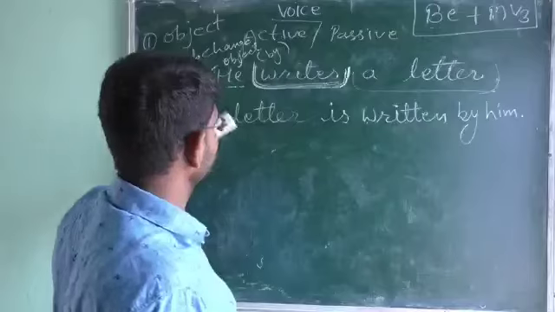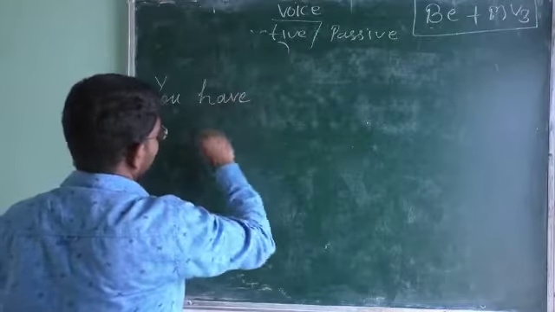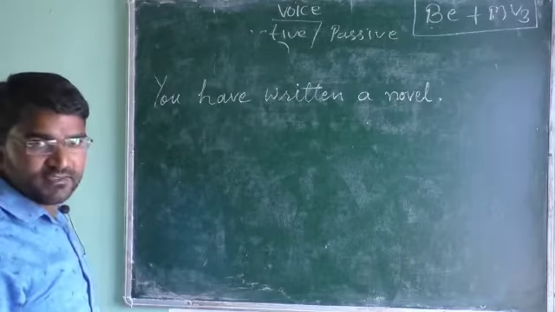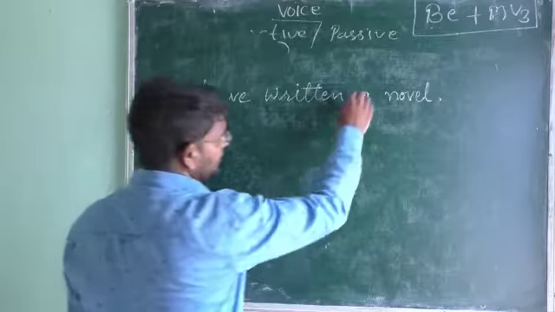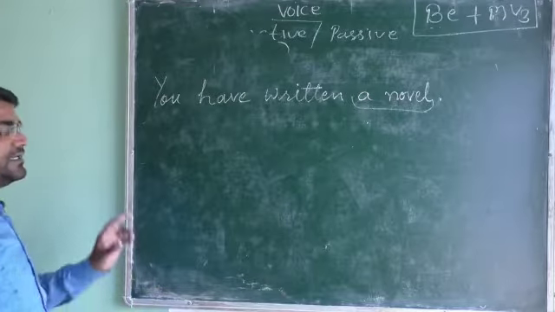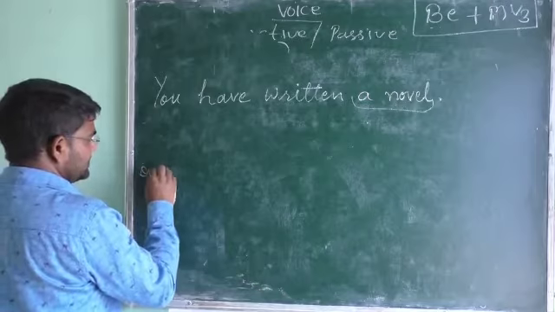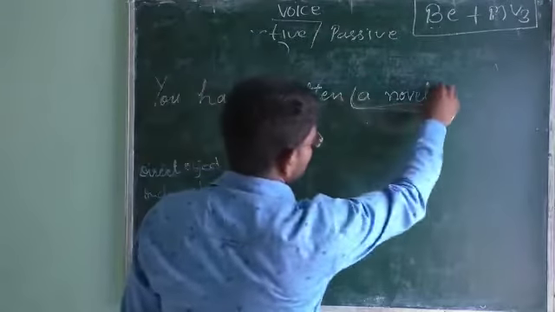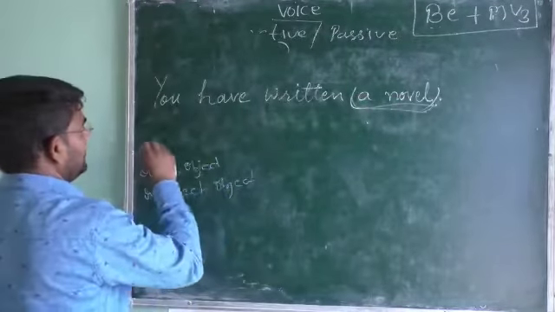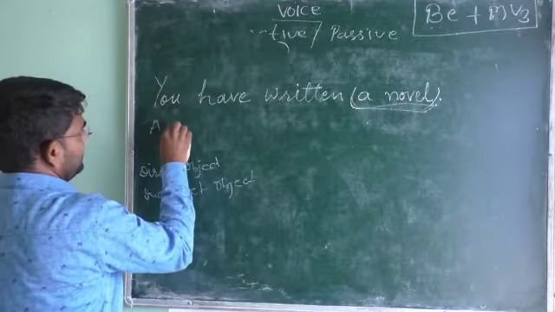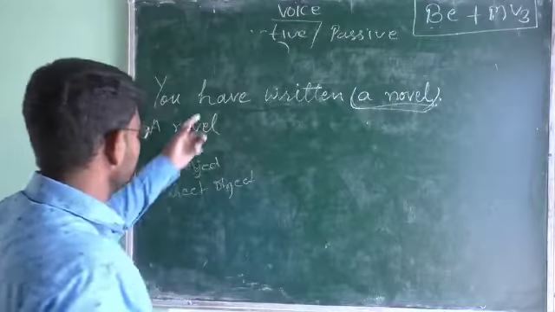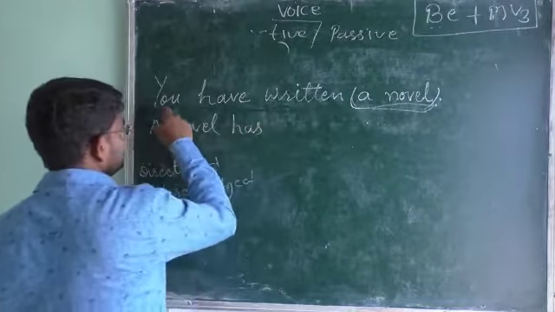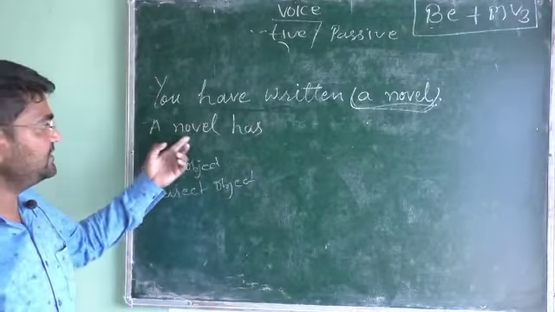One more sentence. For example, you have written a novel. The first work is to identify the object, and the object is this. You know very well there are two types of object: direct object and indirect object. This is an object, and we make it the subject. A novel, have written; this is a helping verb, and has is for singular form.